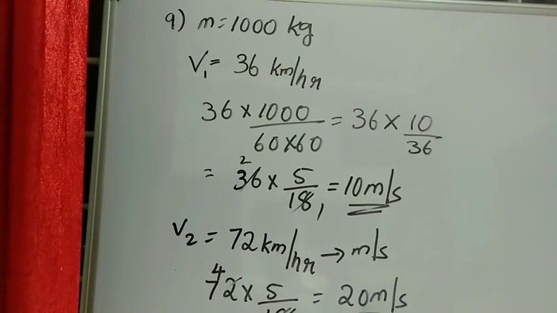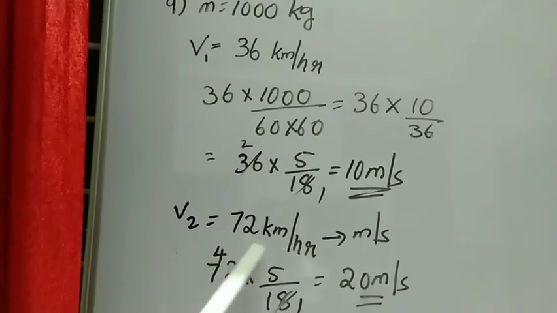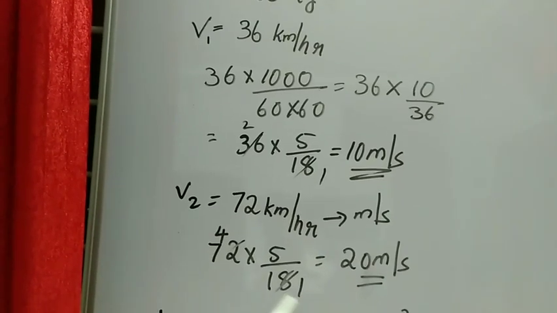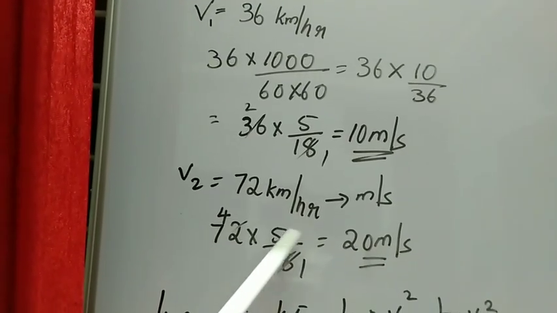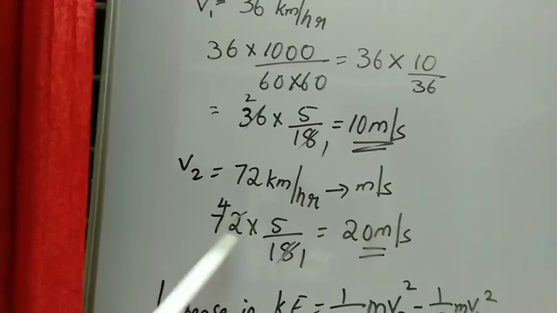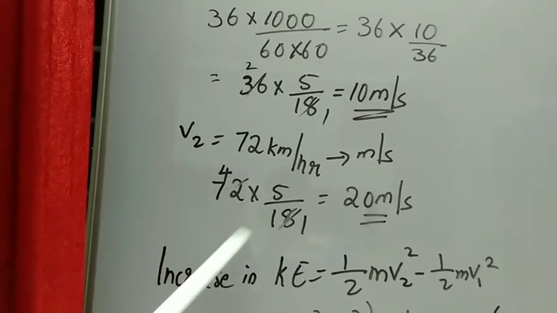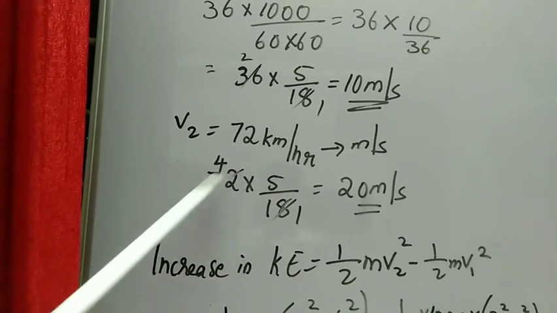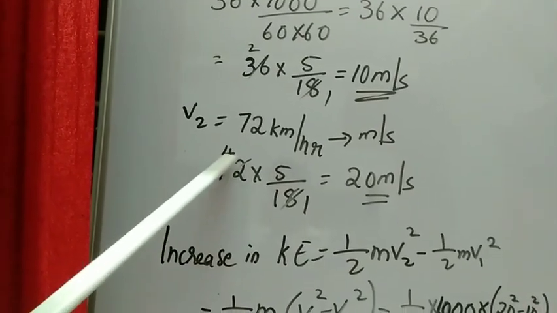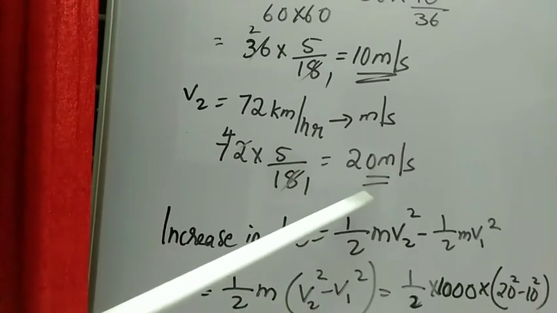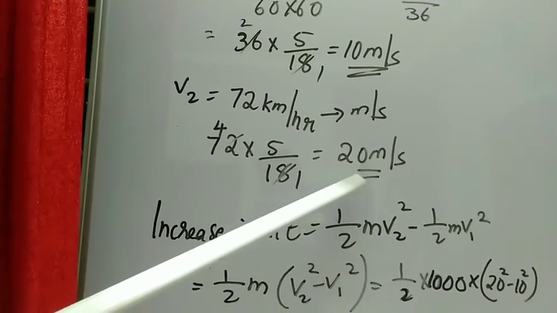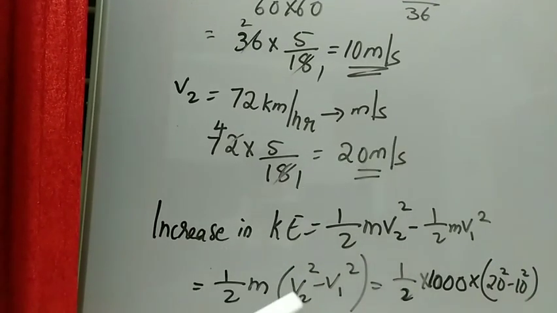Just multiply the given number into 5 by 18. 72 into 5 by 18. 18 into 4 is 72. 4 into 5 is 20. So 72 kilometer per hour is equal to 20 meter per second.